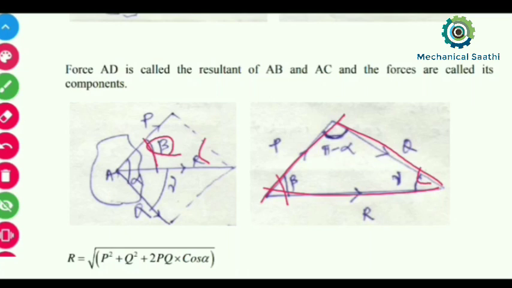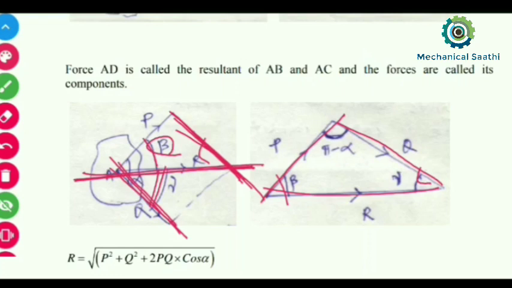How? Let us find out. These are two parallel lines, and one line intersects both of them. Then we can see this angle will be equal to this angle.